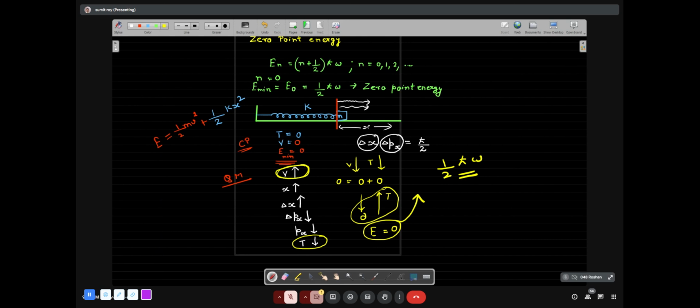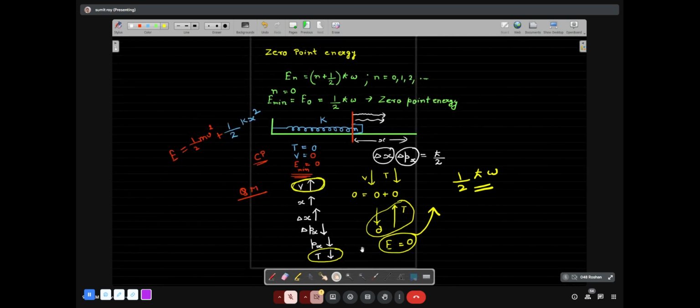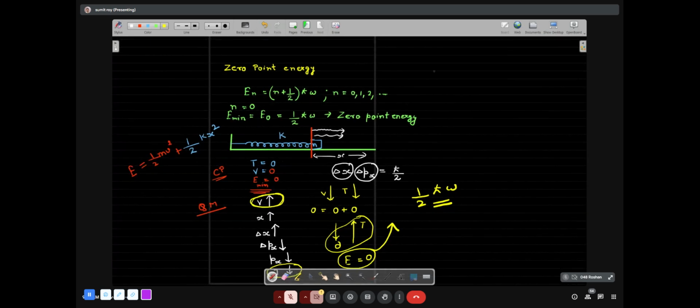I hope you have understood, but still, last question. Why is the classical result different from the quantum mechanical result? Because a classical harmonic oscillator is not bound by the uncertainty principle.